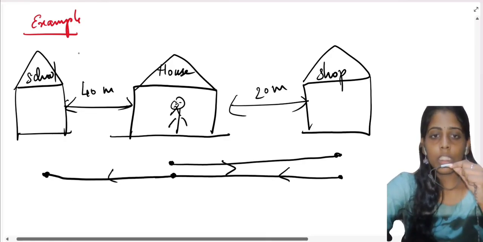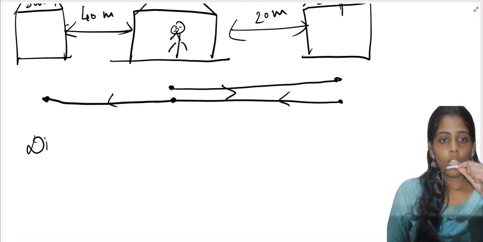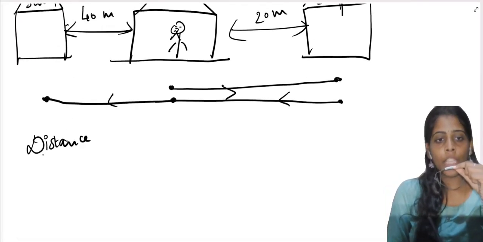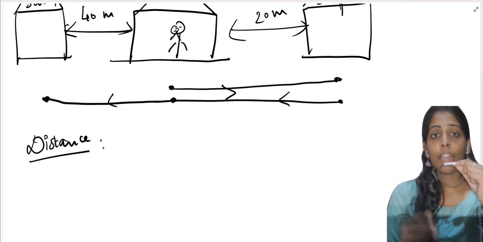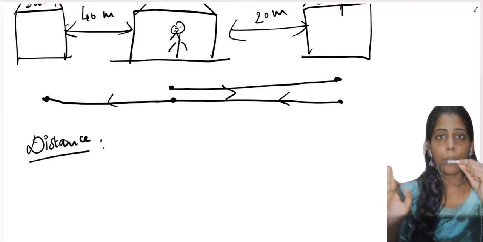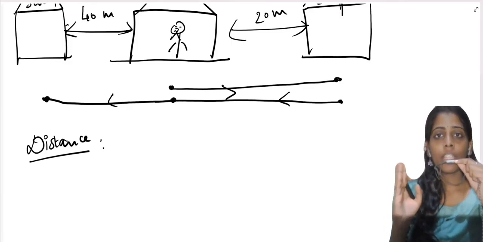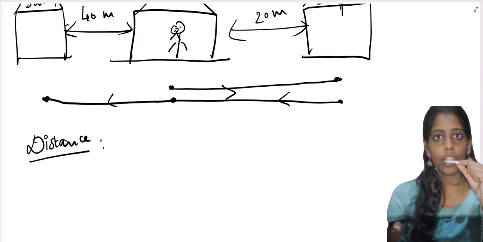Now this is the situation. Now I am asking you to find what will be the distance travelled by Sumit in this journey. So this is a simple task, right? As I have already stated, distance is going to be the total path covered by the object when it is traveling from its initial position to the final position.